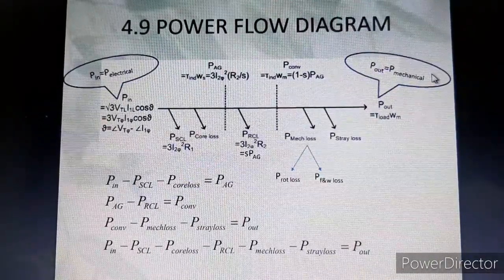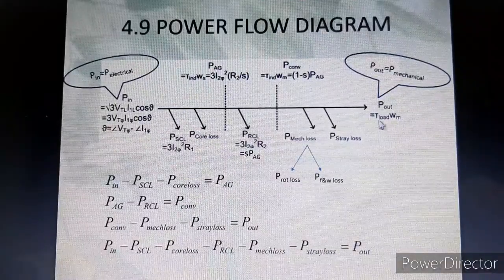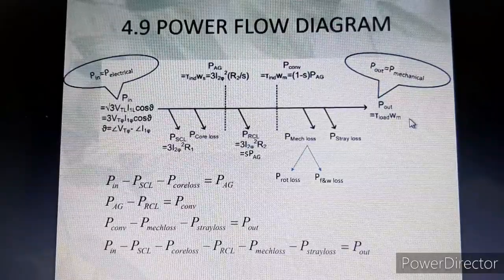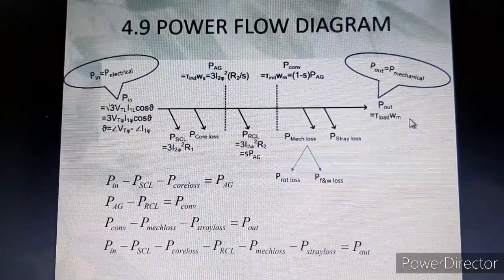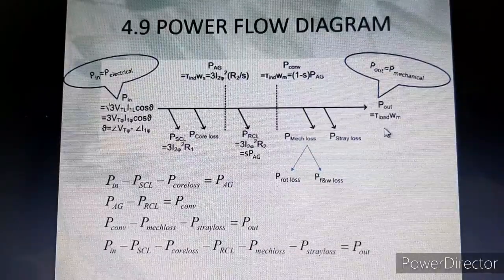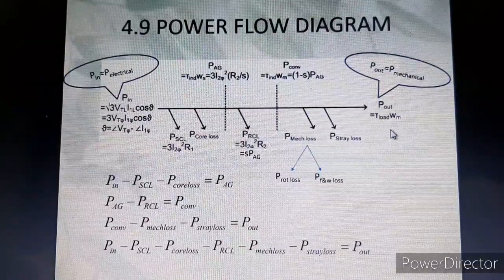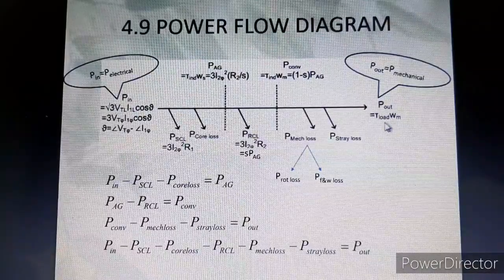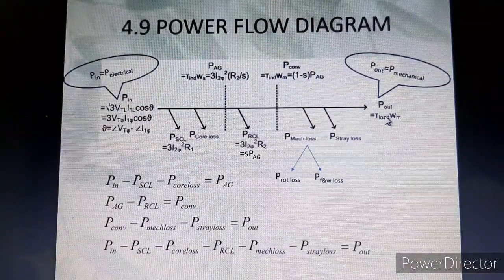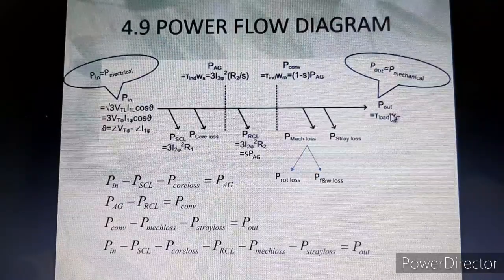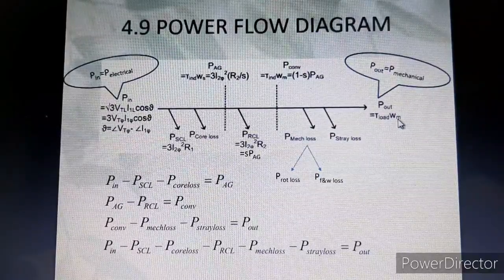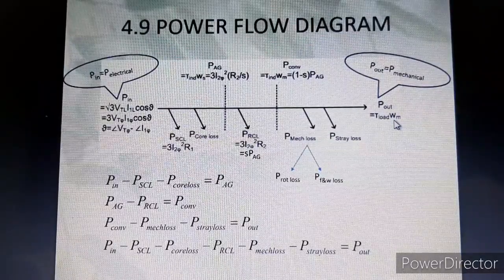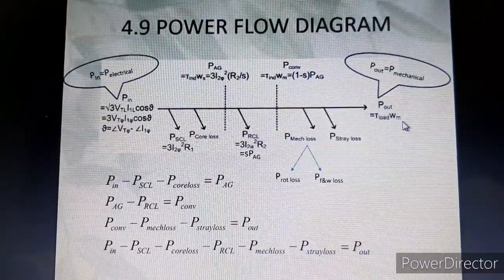Your output is mechanical power, so the formula is no longer 3 V phase I phase cos theta. Instead, the formula becomes power equals torque times speed. P out equals load torque, or output torque, times omega m, the motor angular speed.